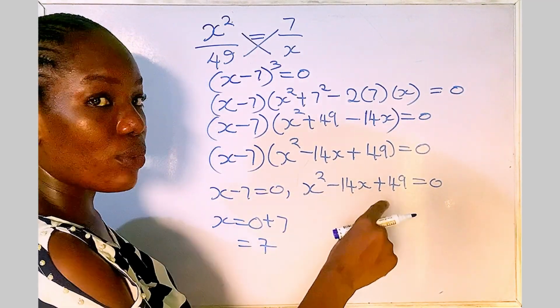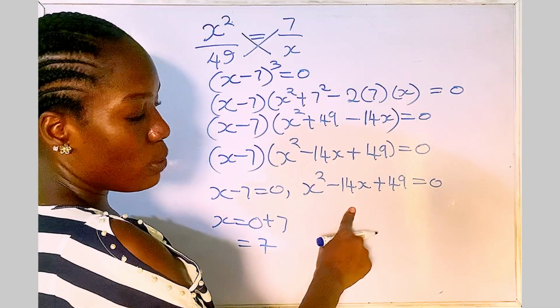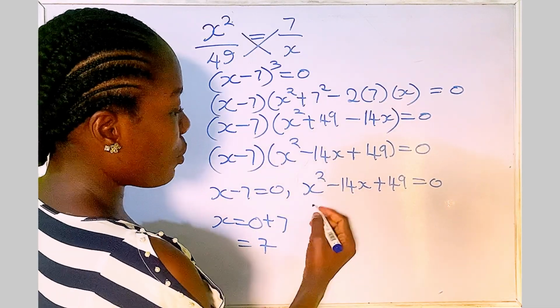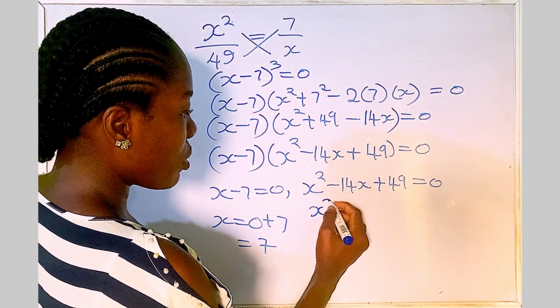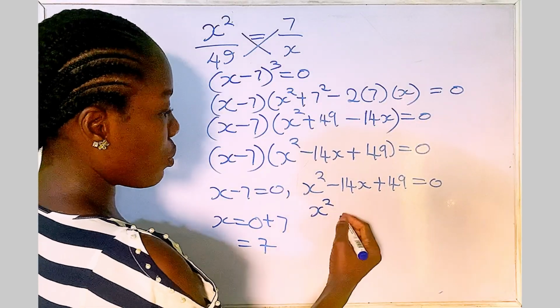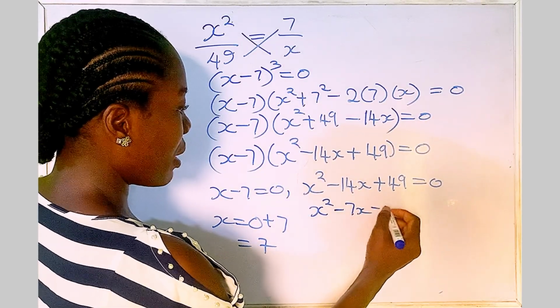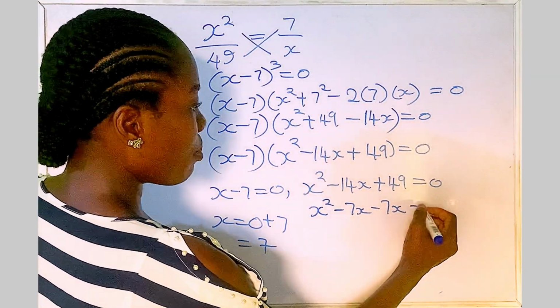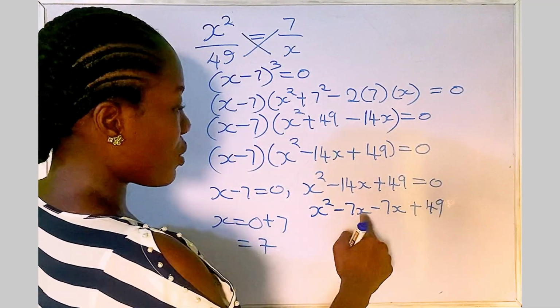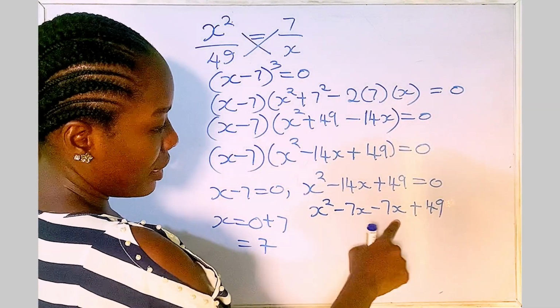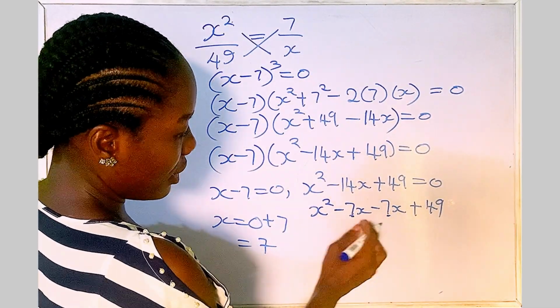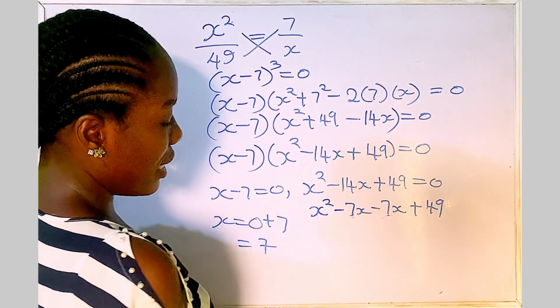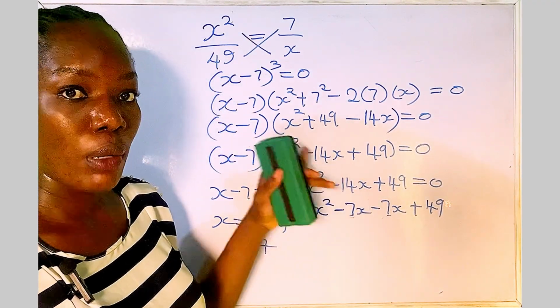So that will be x squared minus 7x minus 7x, then plus 49, because minus 7 times minus 7 will give you plus 49, and minus 7 minus 7 gives you minus 14.